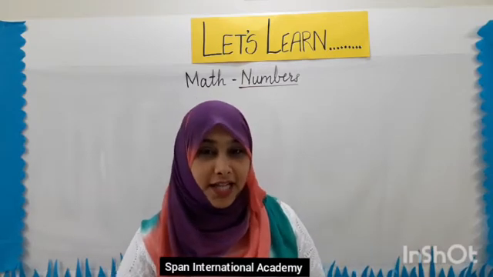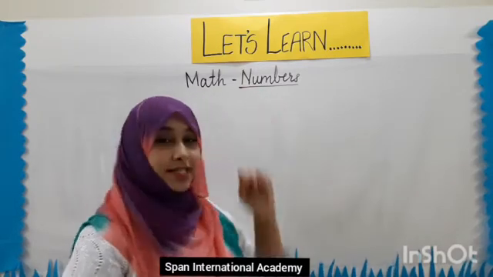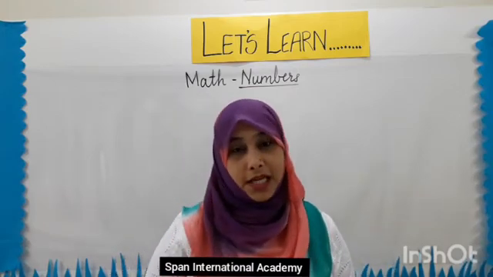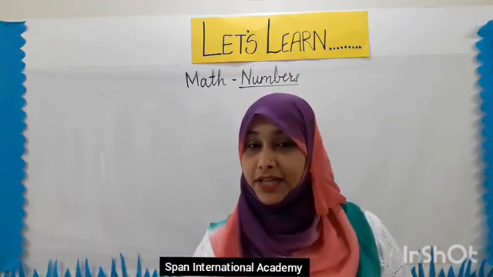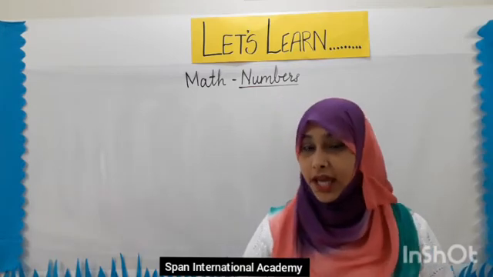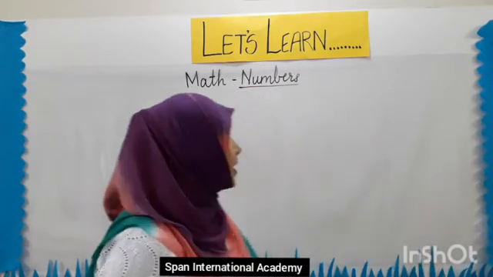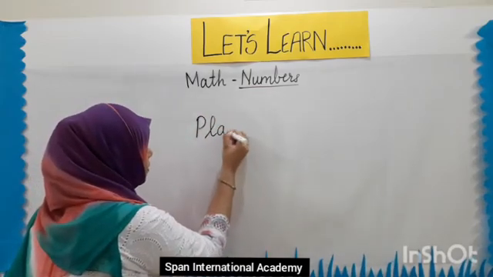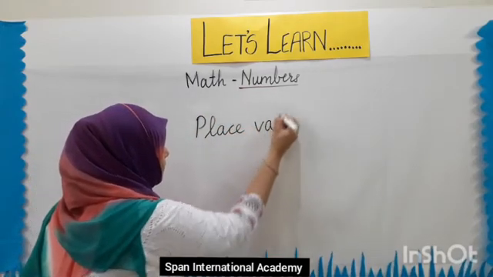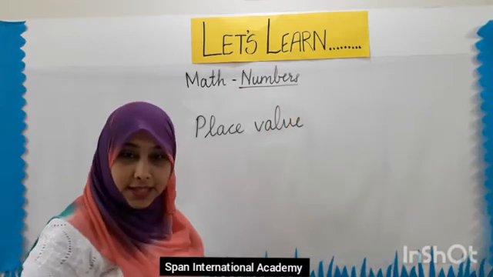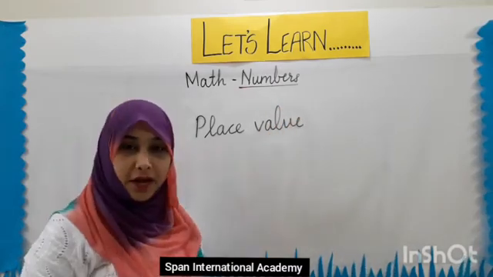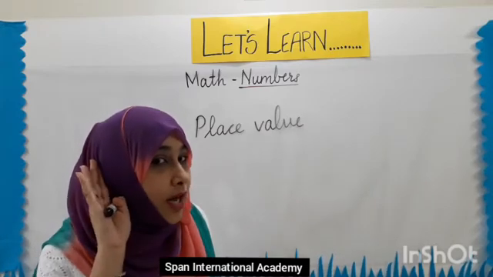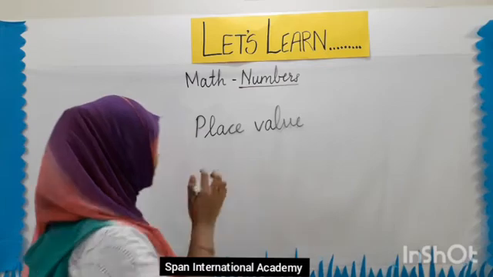And which lesson are we studying? Yes, we are studying numbers. So up till now, can you all tell me what all have we studied? Okay, very good. We have studied the place value. Then what else did we do after the place value? Yes.